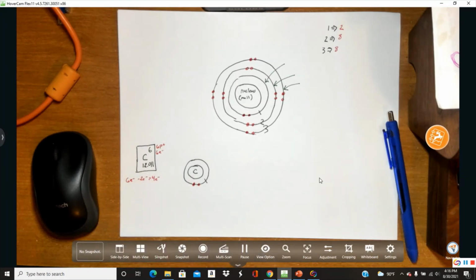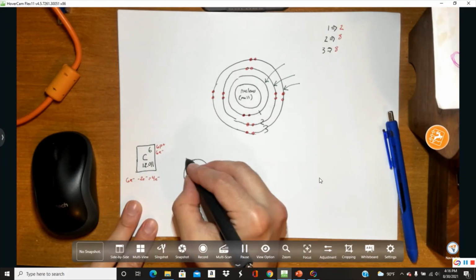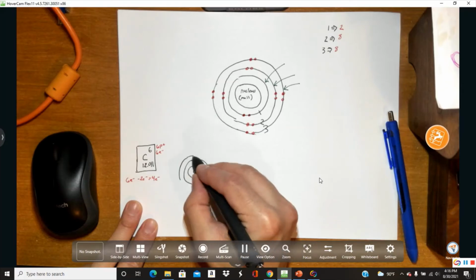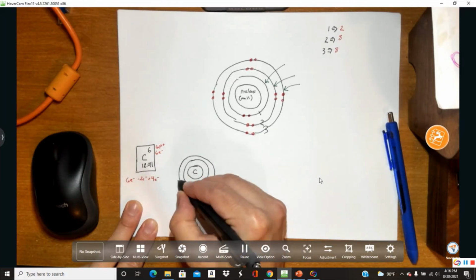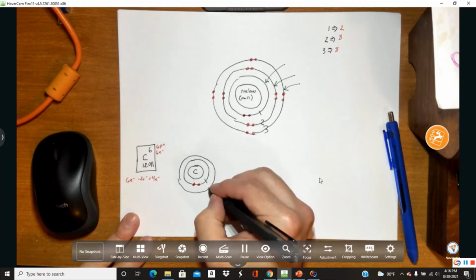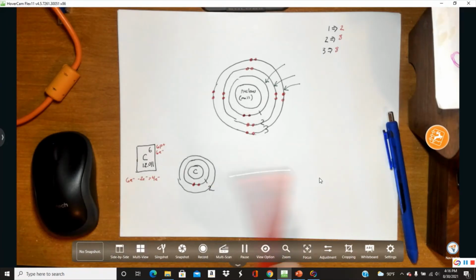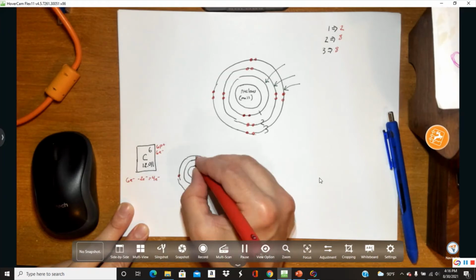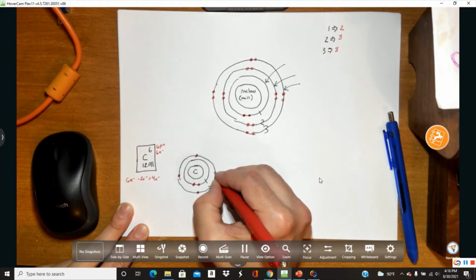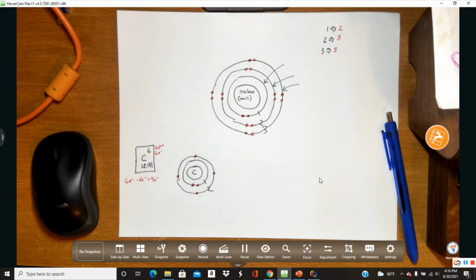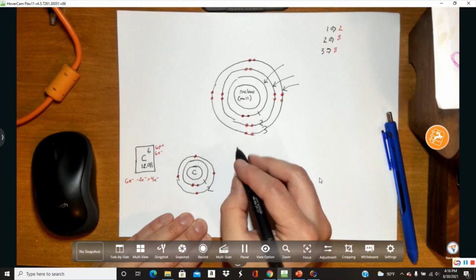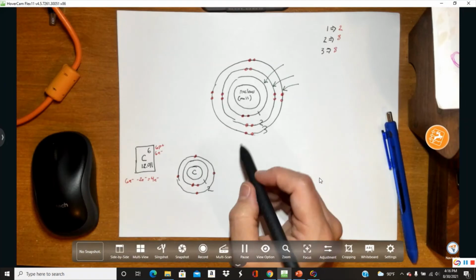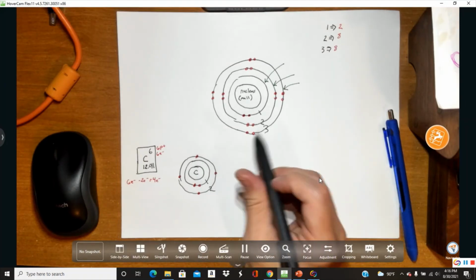So where are those going to go? Well, we then move to the second shell. The second shell can hold up to 8. So we're going to go 1, 2, 3, 4. And we've filled this up as much as we can to its outermost shell.